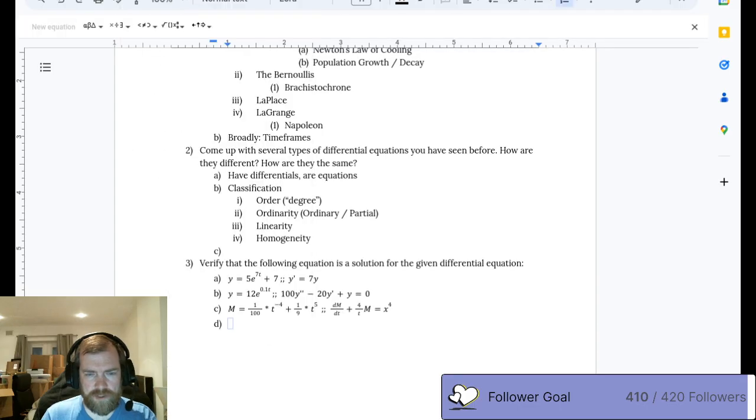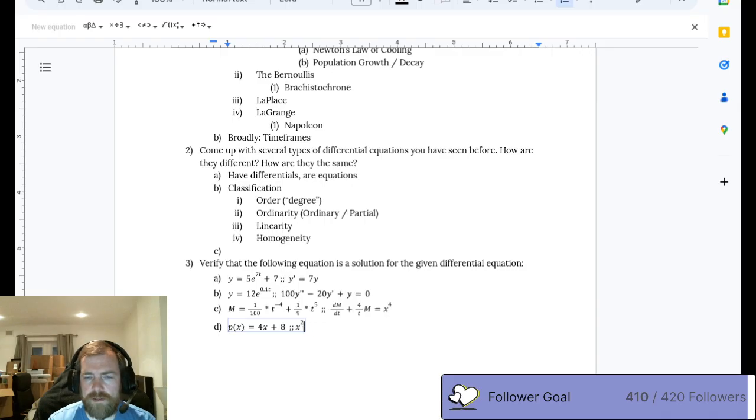We want to show that this actually works for p of x is equal to 4x plus 8 for the differential equation x squared p double prime.